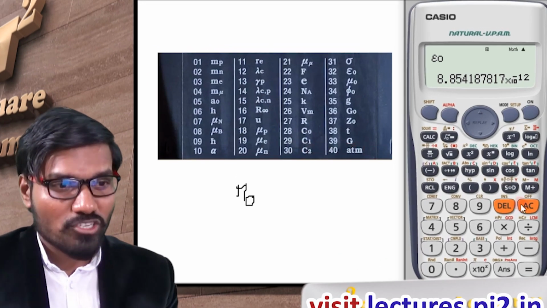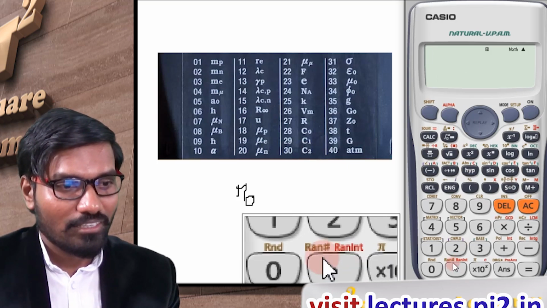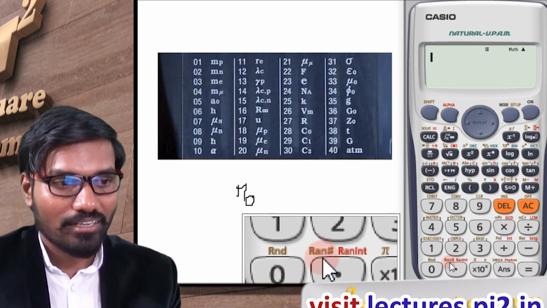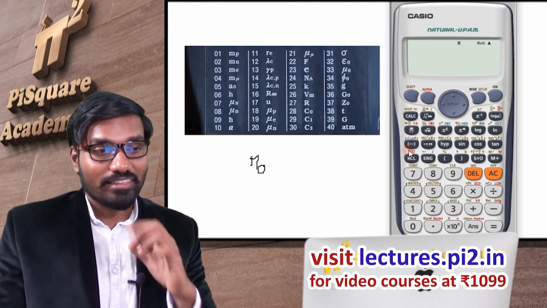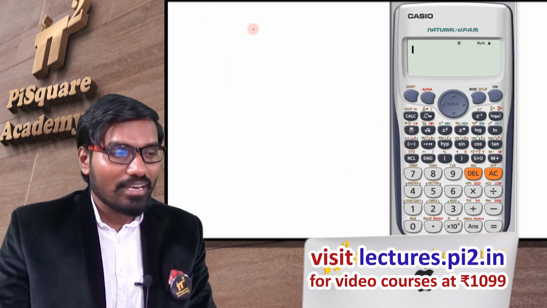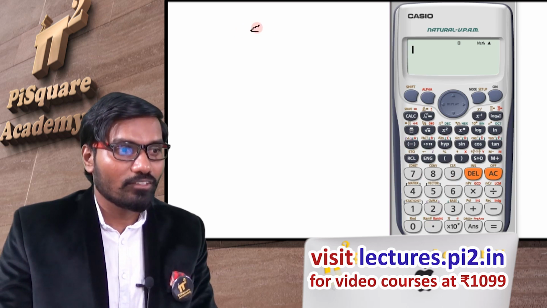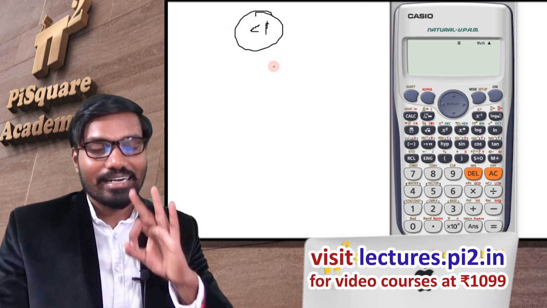And there is one more interesting thing. I think I should say it right now itself. There is an option here, RAN, that will generate a random number less than 1 with 3 decimals.